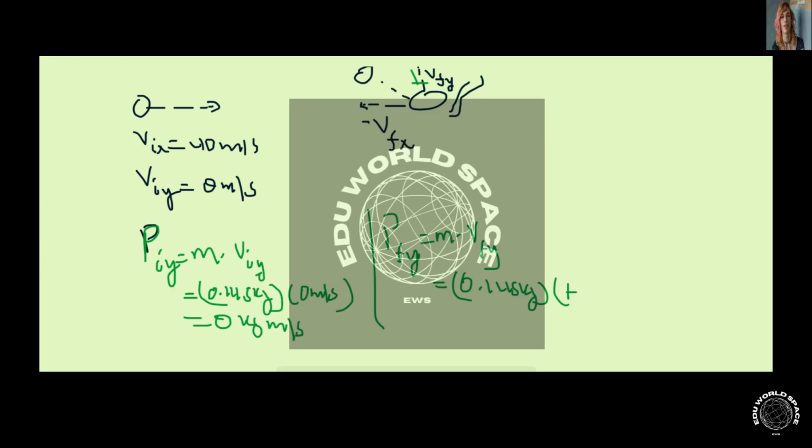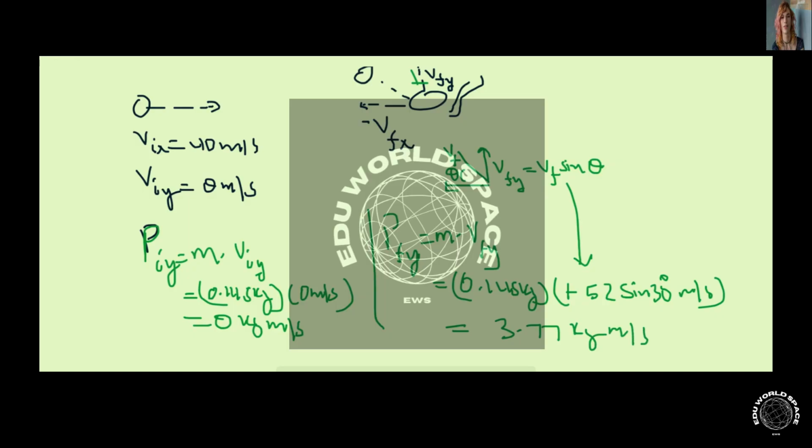Going back to our small diagram, if this is theta and this is V final and this is V final in the y, you can see that V final in the y has to be V final times sine of theta. So we plug in V final, which was 52 meters per second, times sine of 30. That gives us momentum in the y of 3.77 kilogram meters per second.